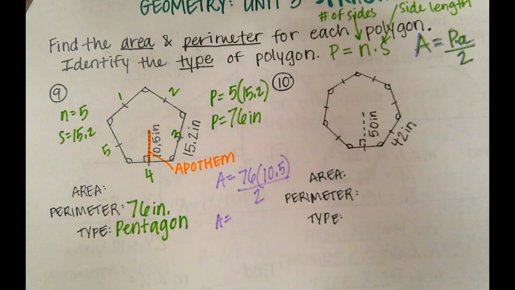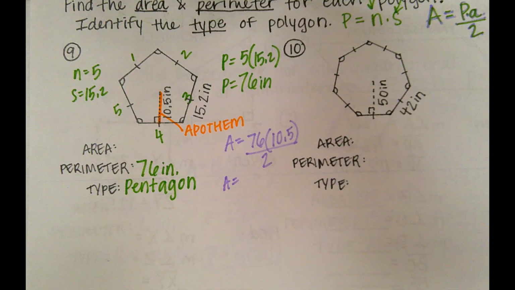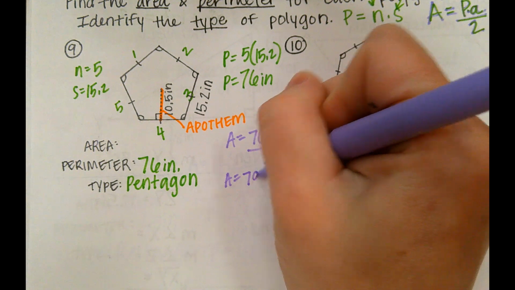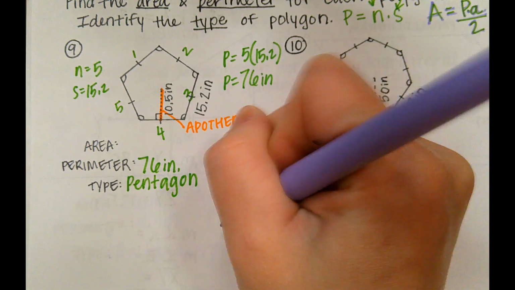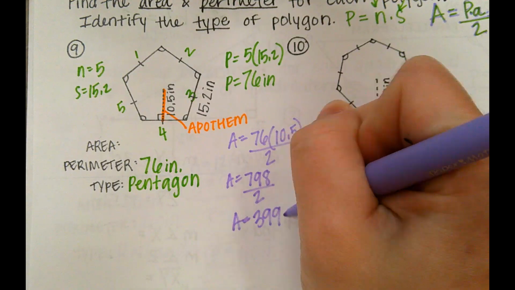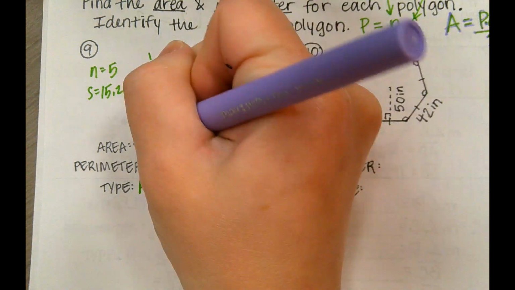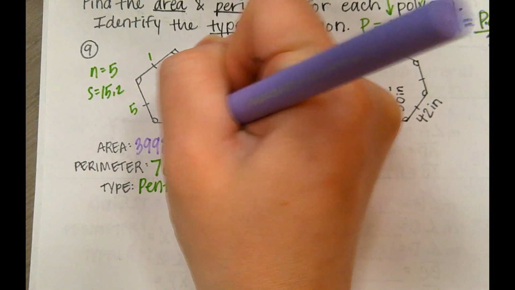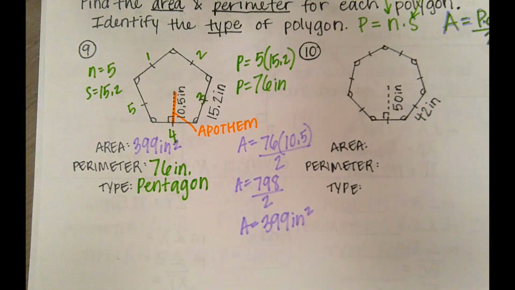So let's see, 76 times 10.5 is 798. Good. Divided by 2, that's 399 inches squared. Perfect. Okay, that is number 9.